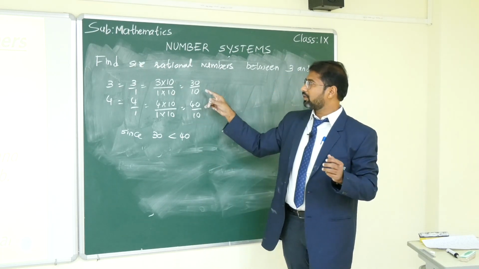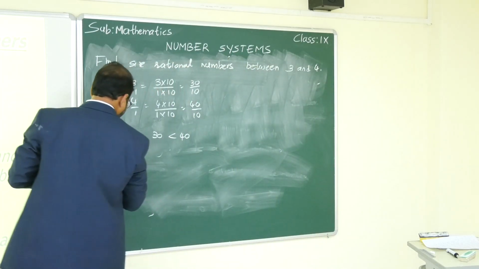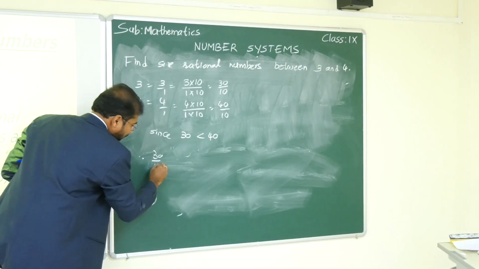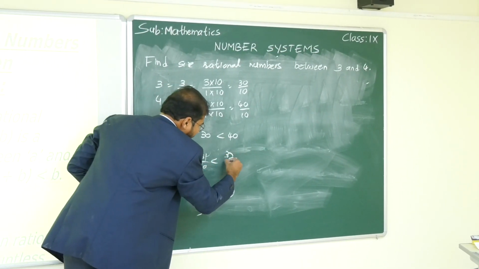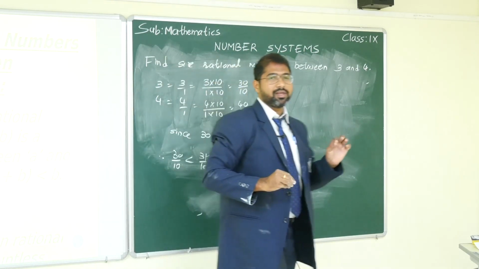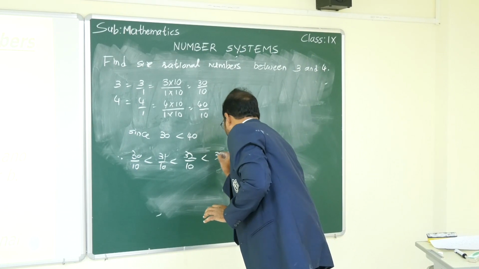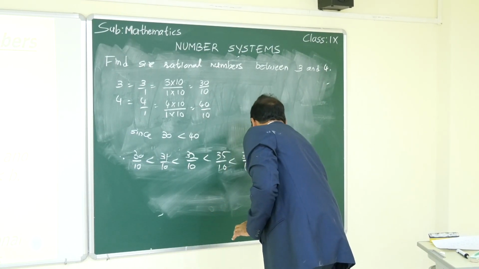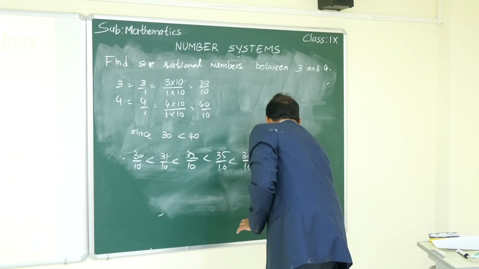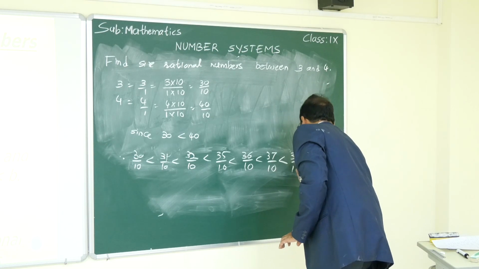Yes, and then you make denominator as 10 for them. Yes, now therefore I can go for 30 by 10, 32 by 10. As there are 9 integers I will choose randomly 6. Next one is 35 by 10, next is 36 by 10, next is 37 by 10, next is 39 by 10.